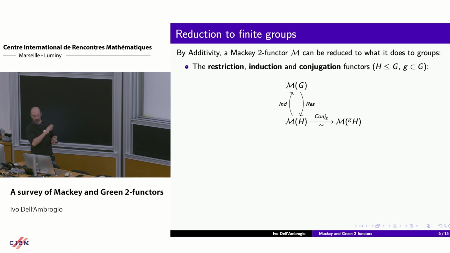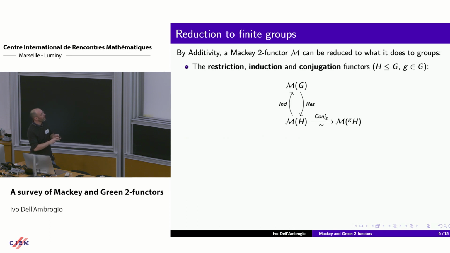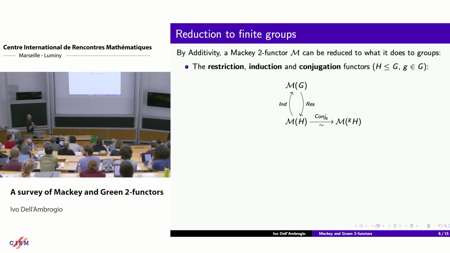It's a bit of a cheat here, but in nature, if you do this for a fixed finite group at least, you get restriction functors, conjugation functors, some nice induction functor, which you can choose, but then the adjunctions are canonical and beautiful and uniquely so.